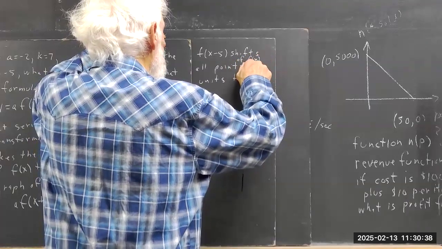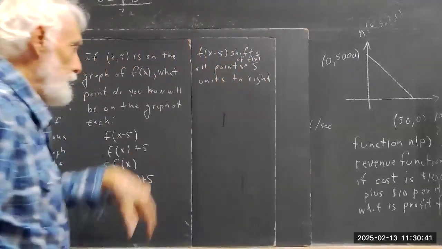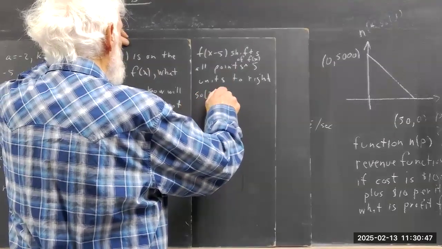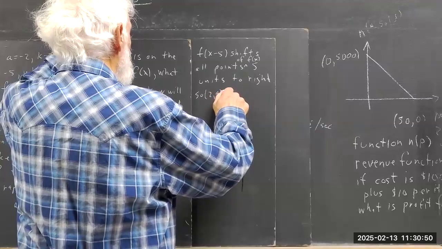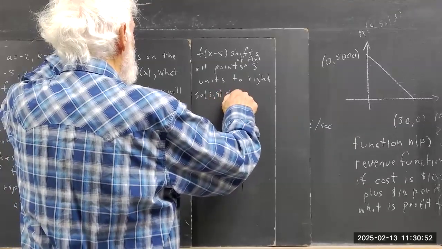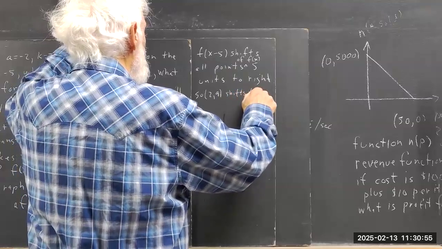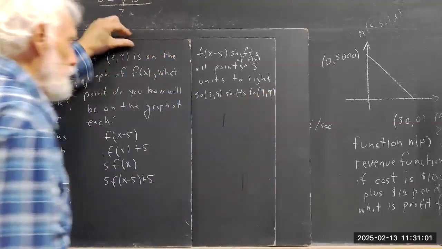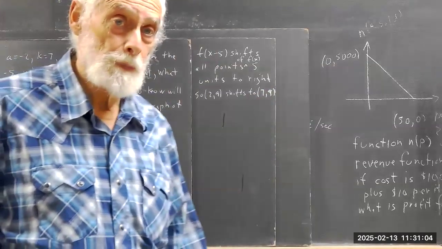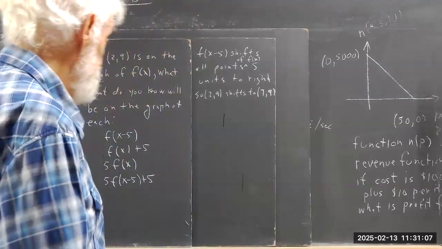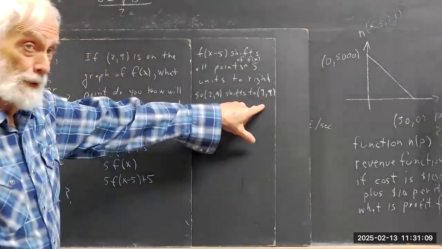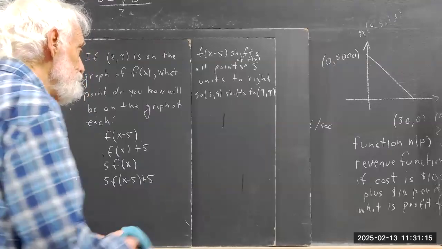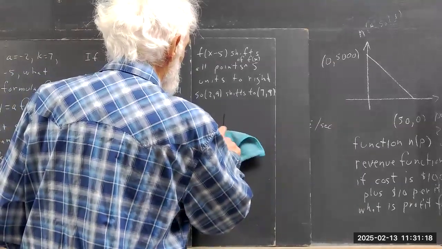Just to be complete, all the points of f of x get shifted 5 units to the right. So (2, 9) shifts to (7, 9). I saw that in a bunch of papers. Okay. Quite good. At that point, I was already happy. And then I saw more. Okay. And if you messed it up, well, take a lesson.